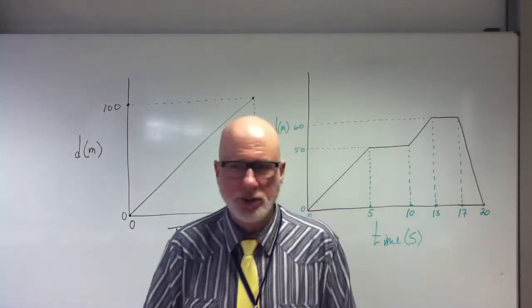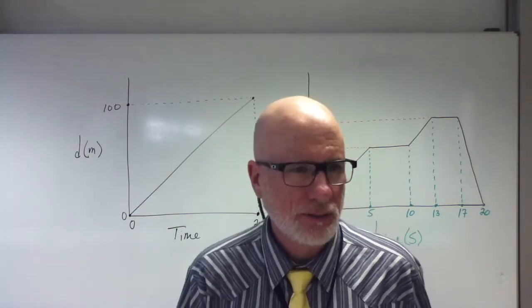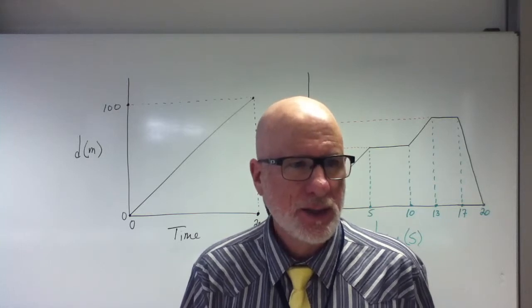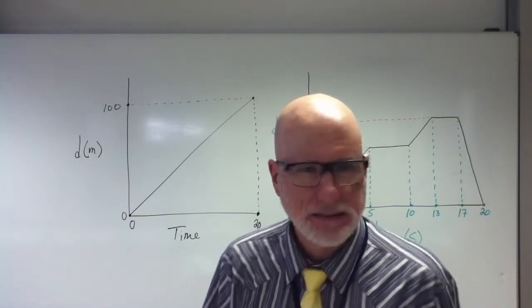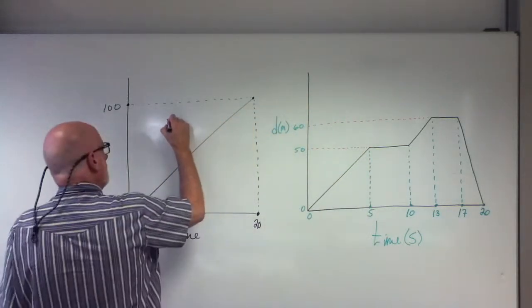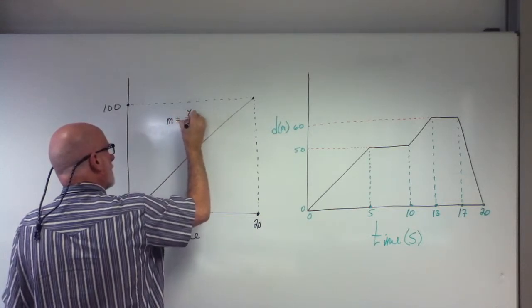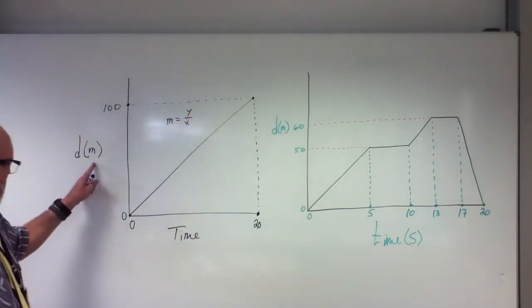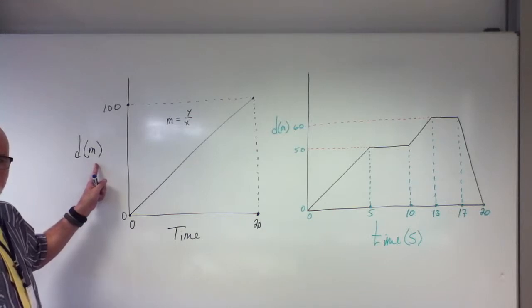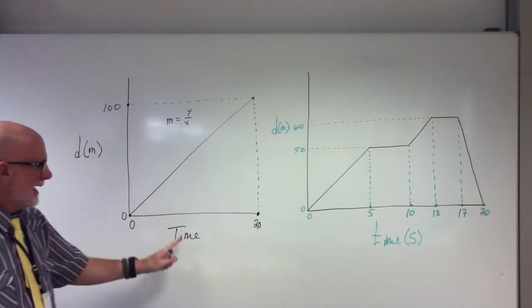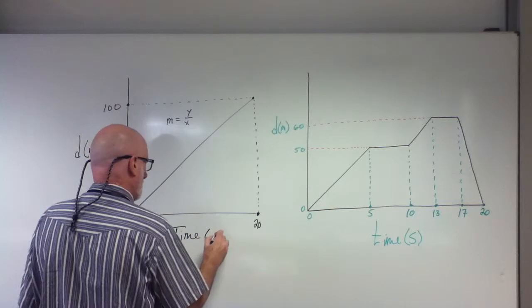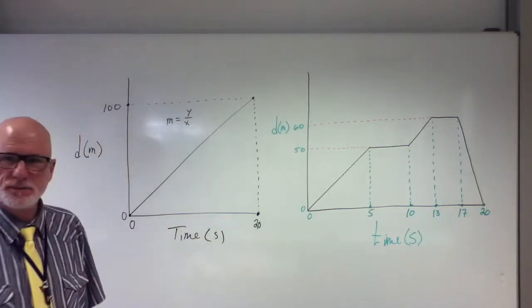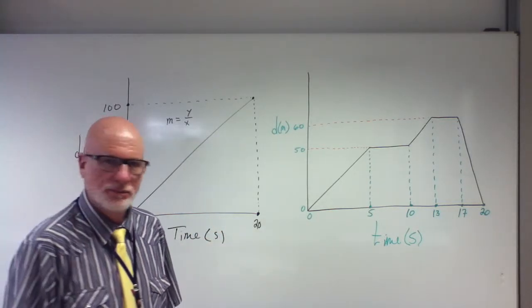You also want to use an equation which you can easily memorize within the next 25 seconds. M equals y over x. In this case, y is distance in meters and x is time in seconds. Okay? Clear? Yes?